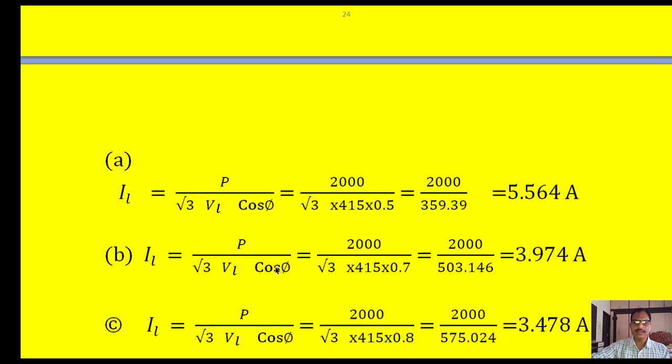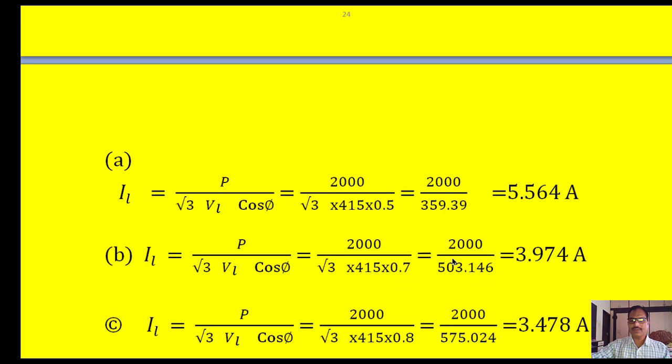Let us say the power factor is 0.7, then what is going to happen to the line current? So again we use the same formula, that is IL is equal to P by root 3 VL cos phi. So P is given, that is load is taking constant power, that is 2000 watts divided by root 3 into line voltage 415 volts and the power factor 0.7.